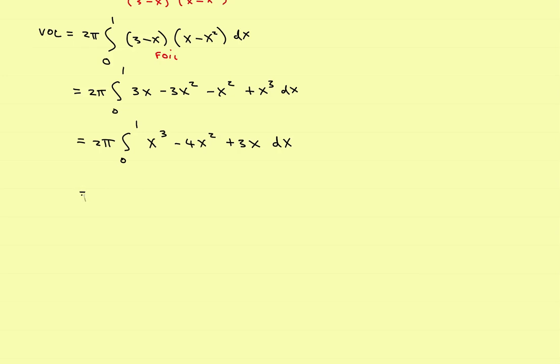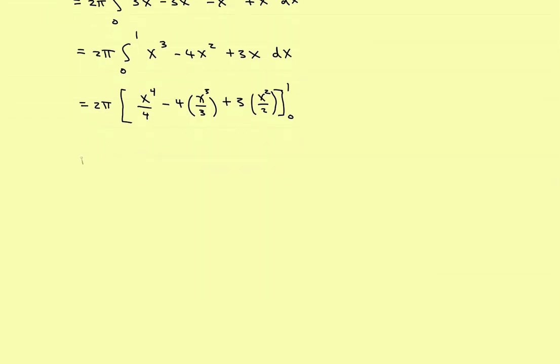Now find the antiderivative of all of those. So that's going to give me x to the 4th divided by 4 minus 4 times x cubed divided by 3. And finally, plus 3 times x squared divided by 2. And I'll evaluate that between 0 and 1.